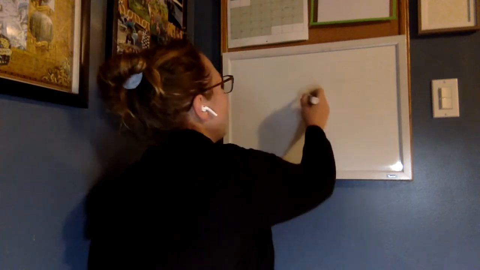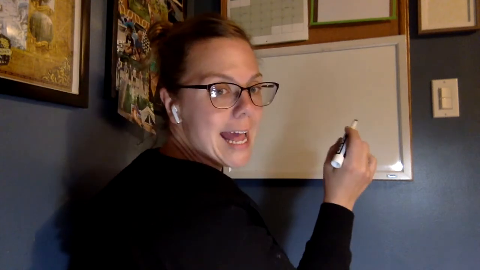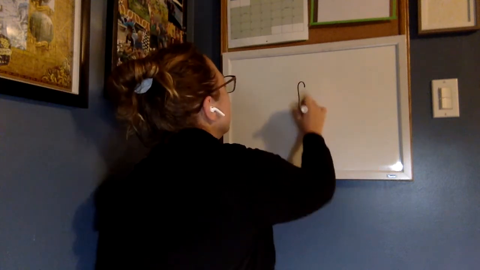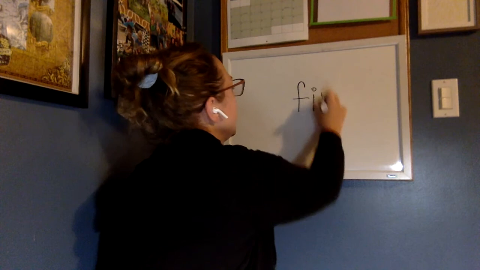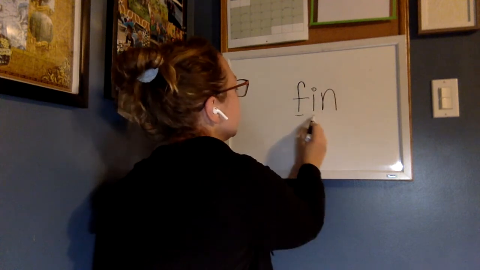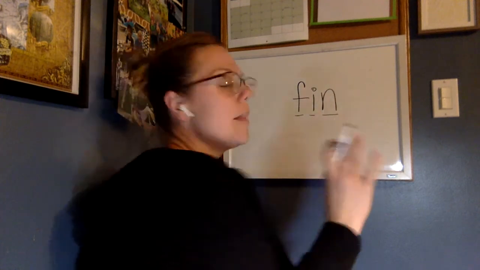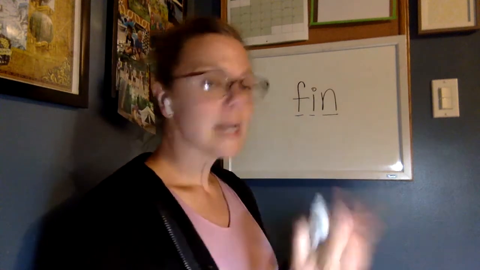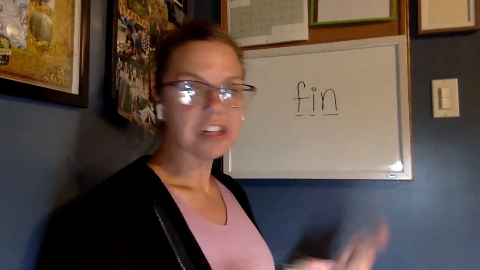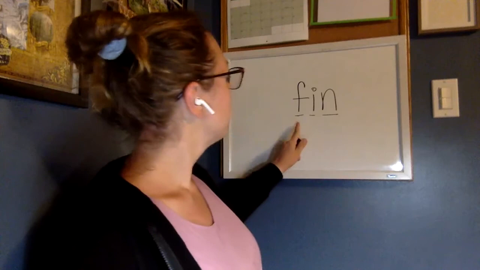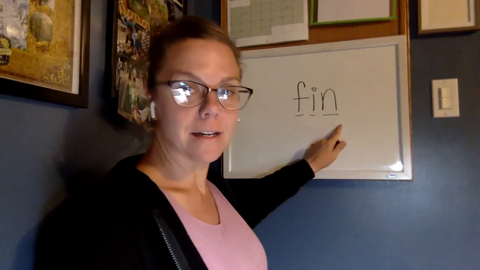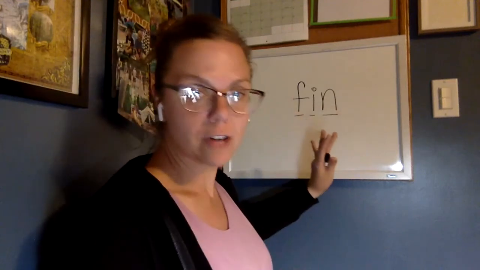So remember, if we have a CVC word, that means consonant, vowel, consonant, right? That means it's just a plain old word. It follows all the rules, nothing tricky, no rule breakers. Fin, nothing crazy.